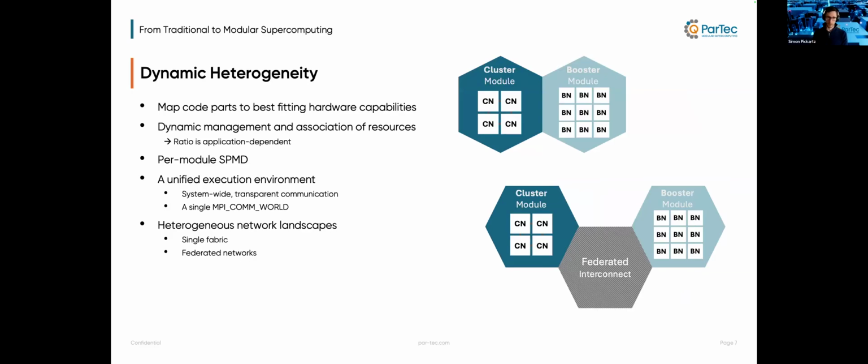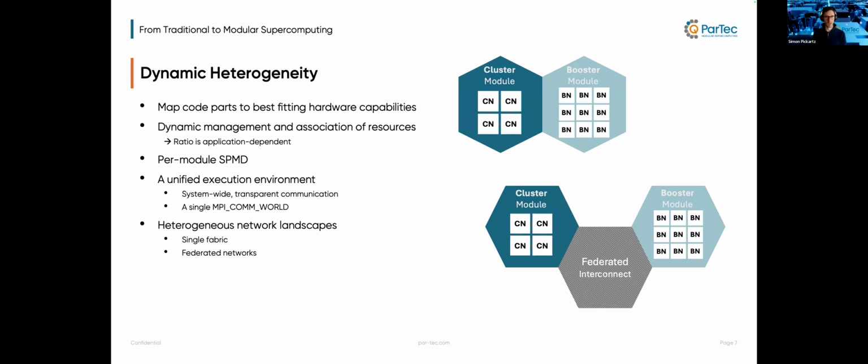The idea behind the modular supercomputing architecture, or modular system architecture, is to rather define the heterogeneity on the system level, meaning that we aggregate a resource type of similar characteristics, like classical compute resources or accelerator resources, in so-called modules.